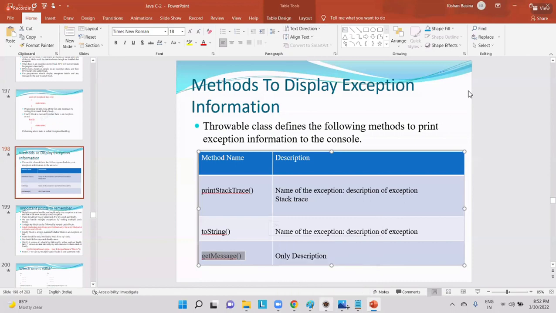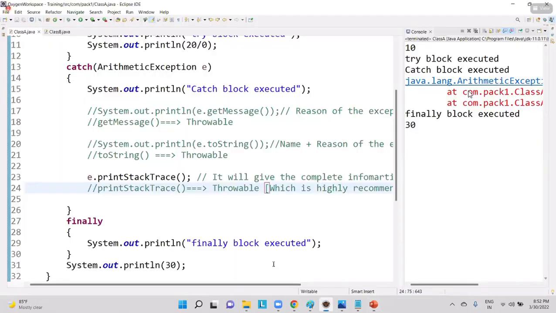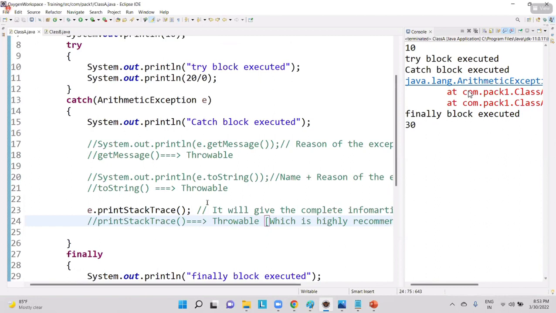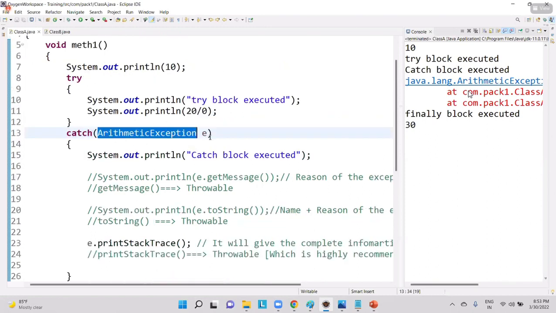Now I'm having one more small doubt. Just a small doubt. For instance, guys, instead of arithmetic exception, I'm trying to write null pointer exception.